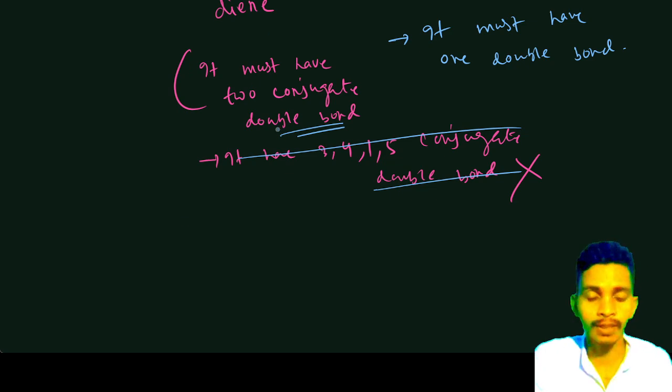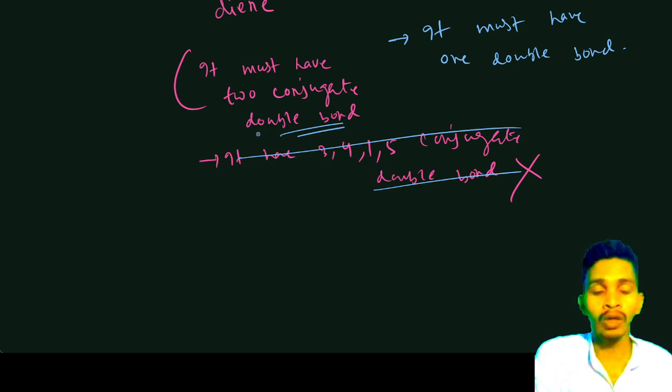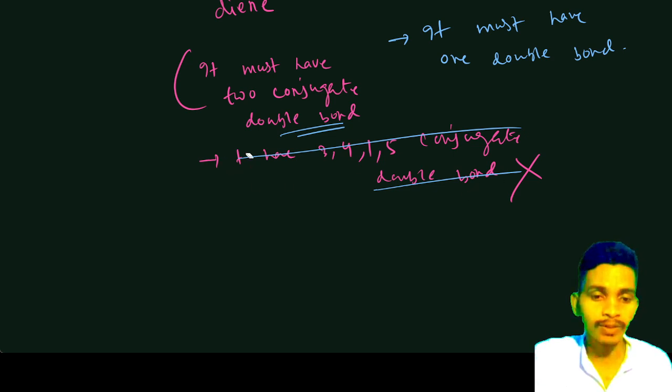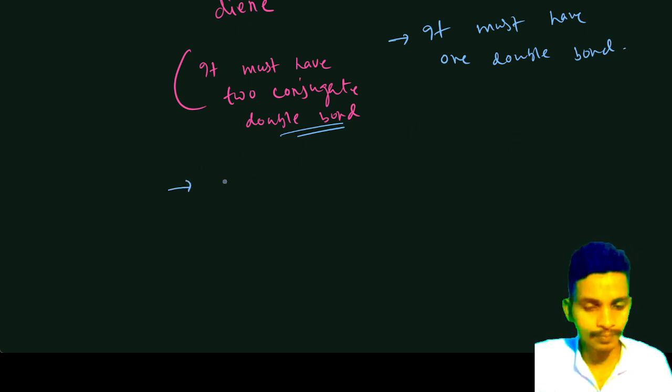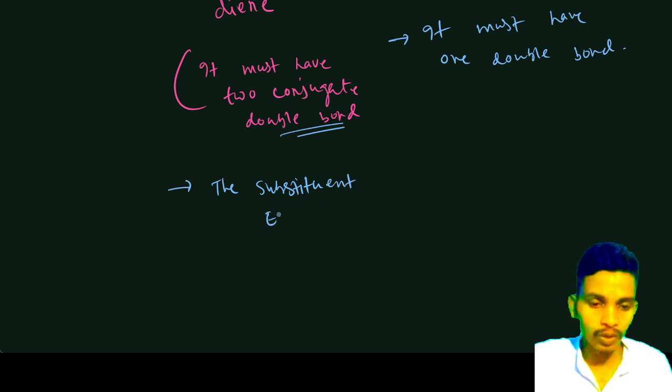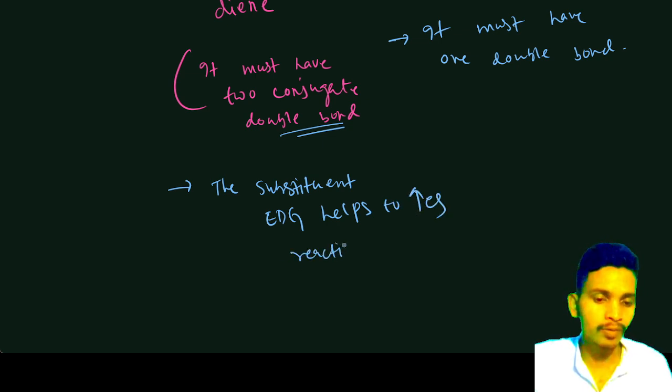I also discussed that for the dienes, if the substituents are electron donating groups, the reactivity of the diene increases.